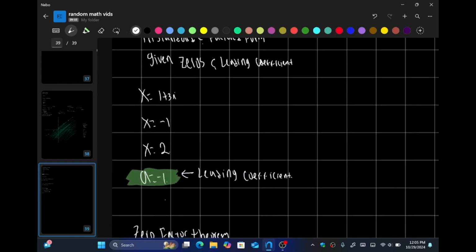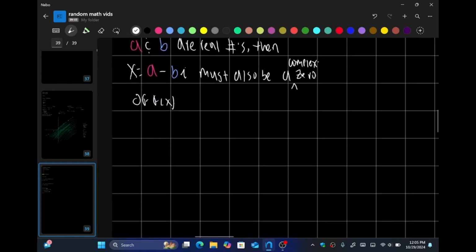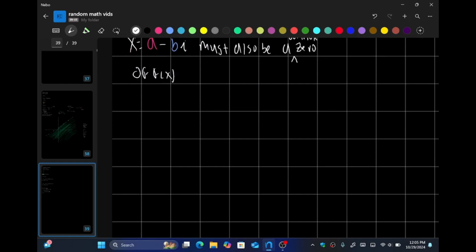And then I also want to mention the idea that the square root of negative 1 is equal to i. So what I mean is, if i equals the square root of negative 1, then if you square both sides, i squared equals negative 1.